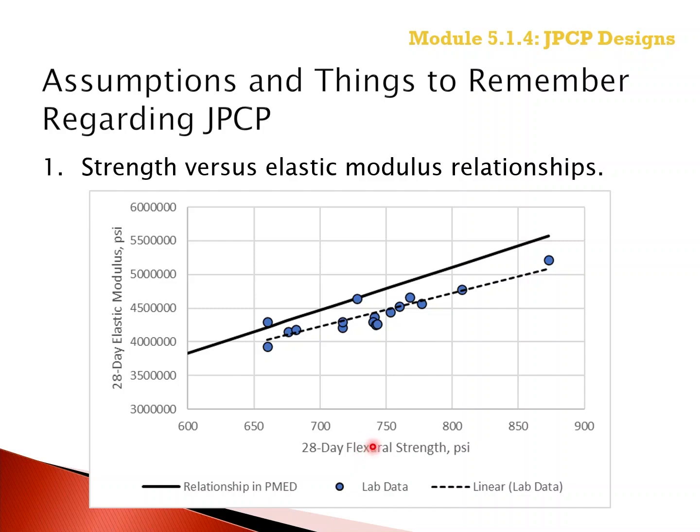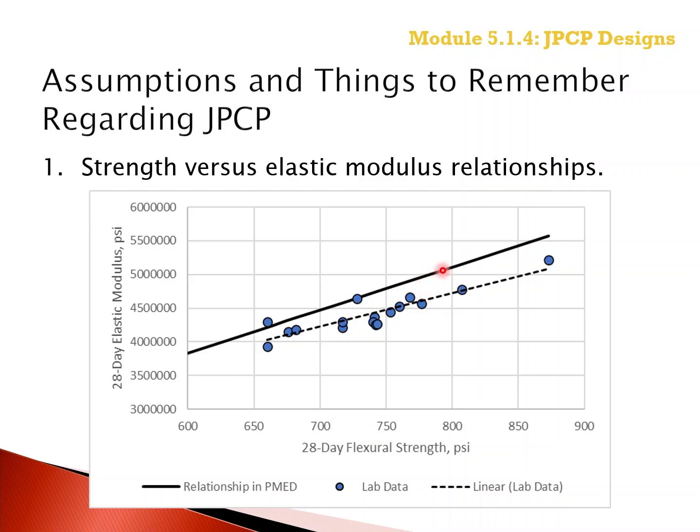As mentioned in the previous slide, the software converts the 28-day compressive strength to a 28-day flexural strength, or whatever age interval is included, using the relationship that was presented in Module 4.4.4 on the PCC material property inputs. It is important to understand the difference between the laboratory results and the regression equation for use in design, which will be demonstrated in the next slide.